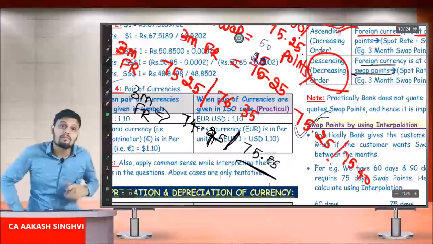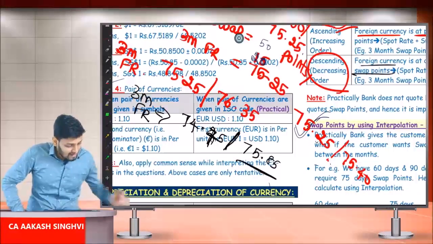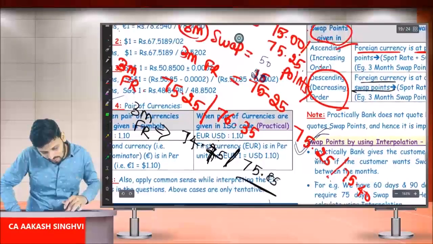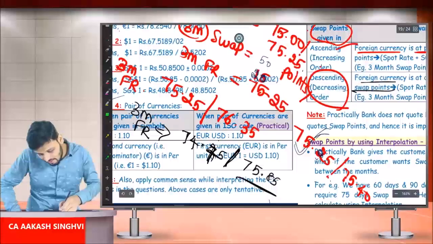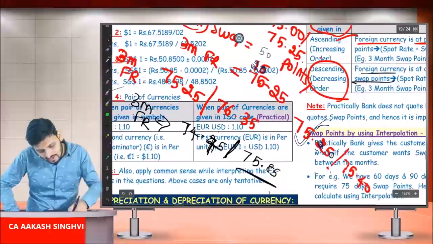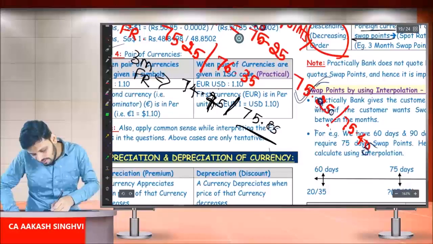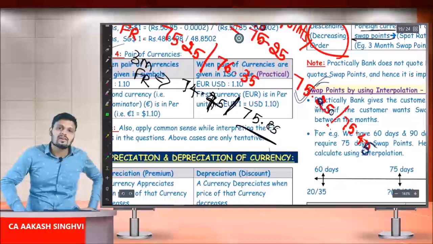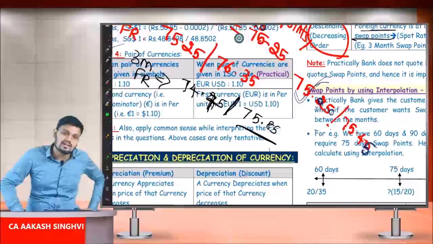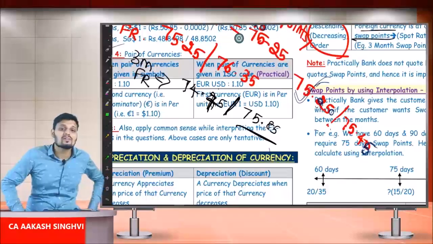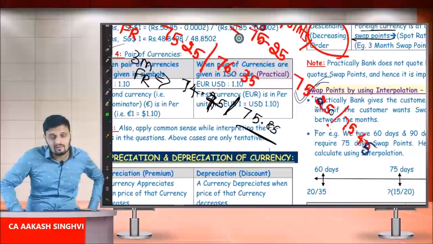Now, by mistake we have added. 75.50 and 75.25 plus 20 will become 75.45. Can you ever have a bid rate higher than the ask rate? No, it's not possible. That is why whenever swap points are given in descending order, we decrease.